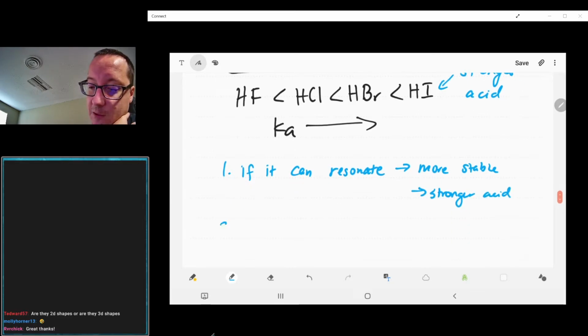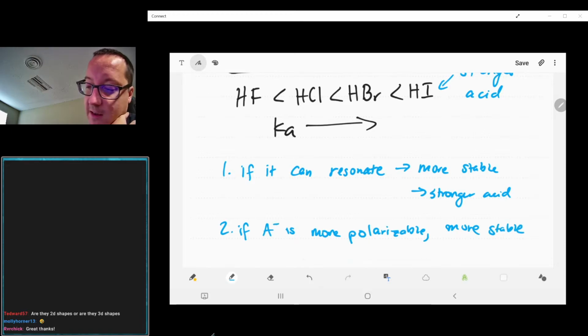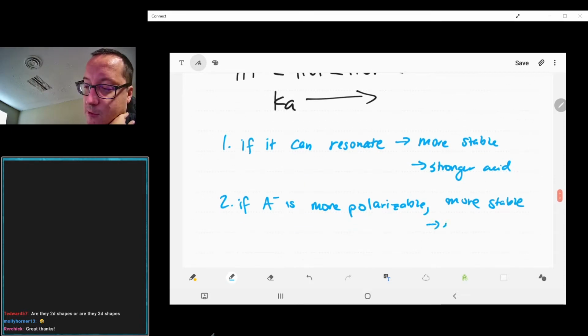And the second thing we looked at, if A is more polarizable, it's more stable. I guess I should say A minus or A whatever. And that means it's a stronger acid.